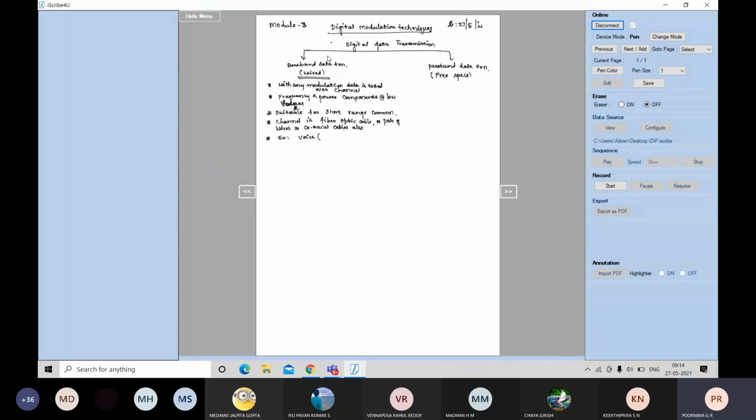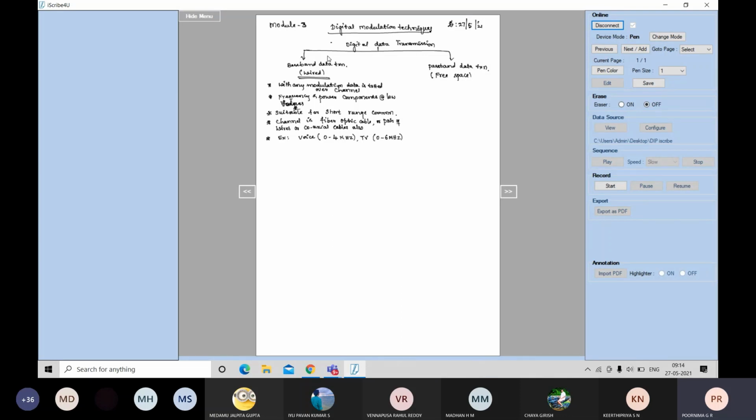Voice, that is 0 to 4 kilohertz frequency range signals, and your TV signals which are in the range of 0 to 6 megahertz. These signals can be transmitted over baseband data transmission, because when we are using a TV remote, it will be a very short distance. For all those short distances, information can be sent directly without any modulation.